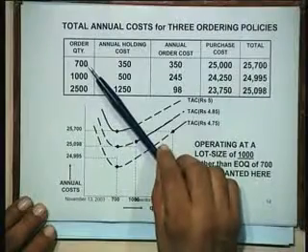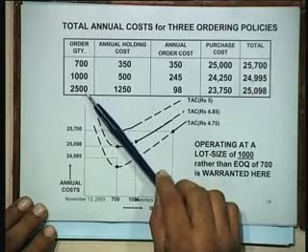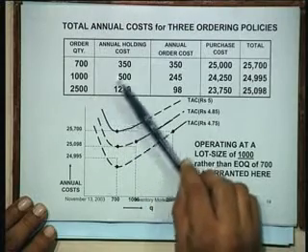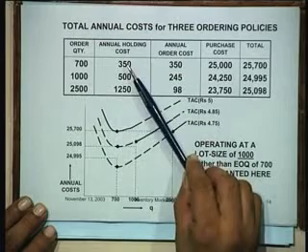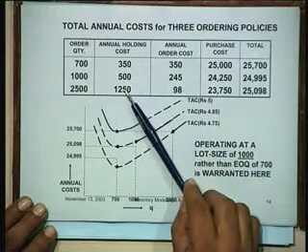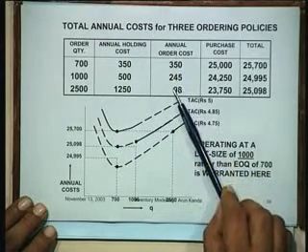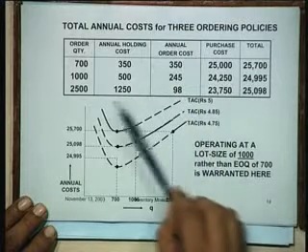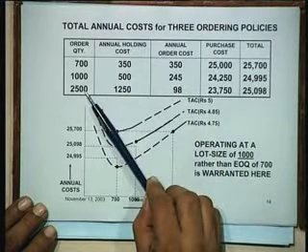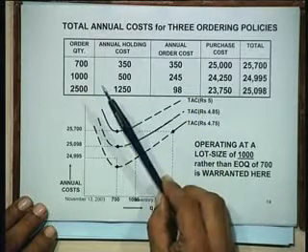we can find out that if we look at different costs, whether we order 700 or 1000 or 2500, the annual holding cost is half of whatever we ordered, right? So 350, 500, 1250. The annual ordering cost will obviously be much less if you order in larger lots, because you will be required to place fewer orders.